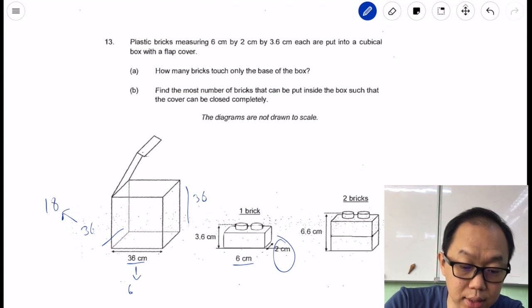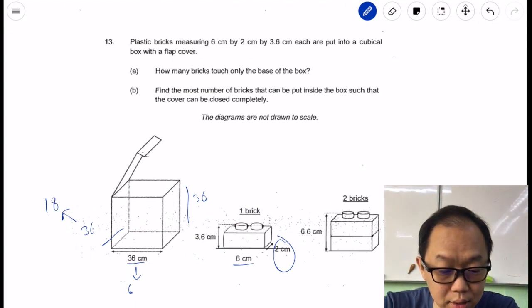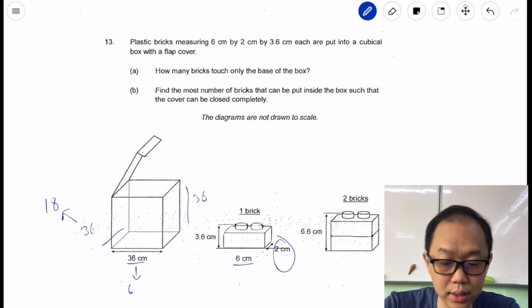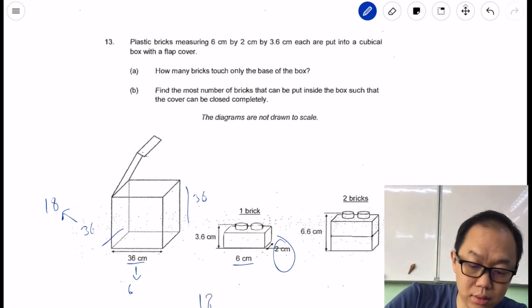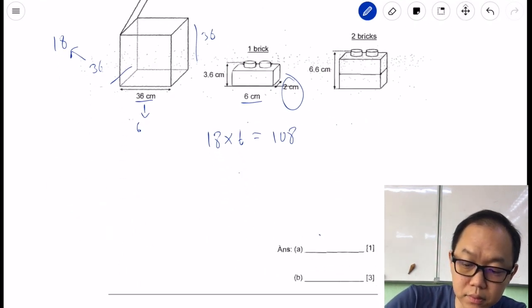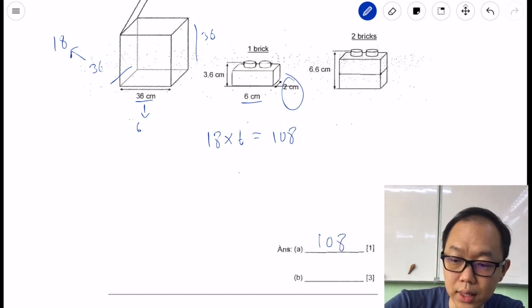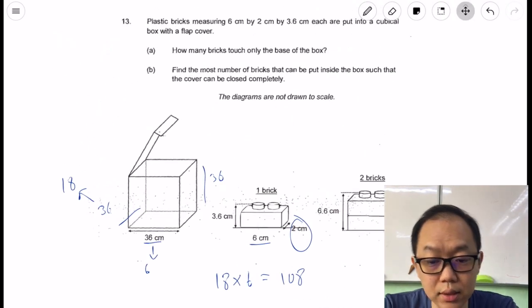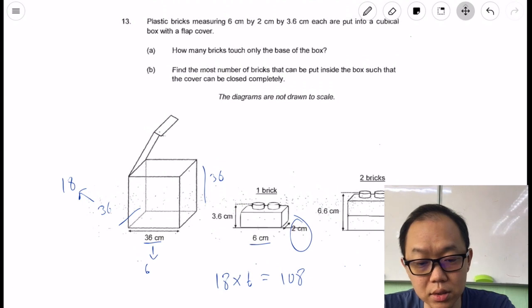So I can put 18 here. I read it wrongly earlier. So 18 times 6 gives me 108. The answer for the first one is 108.